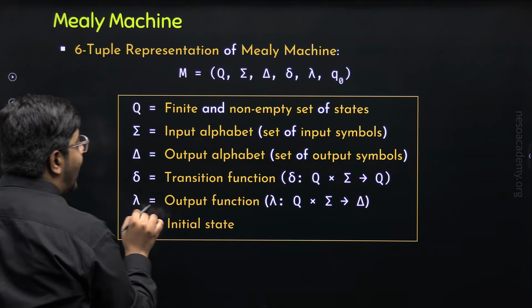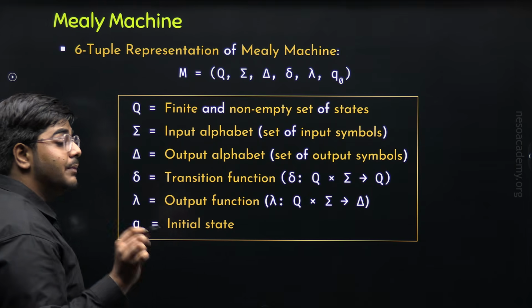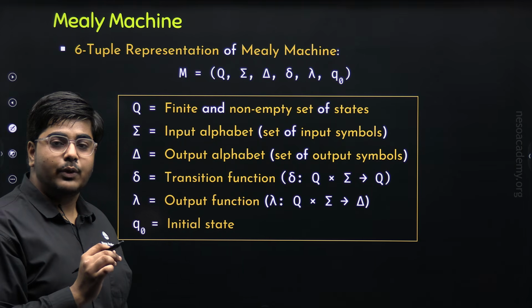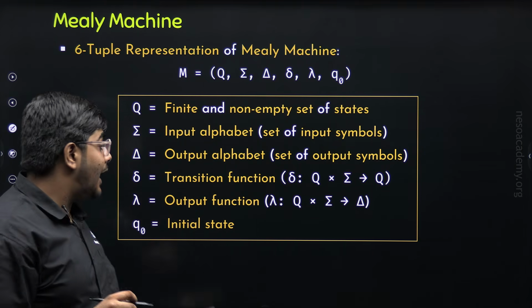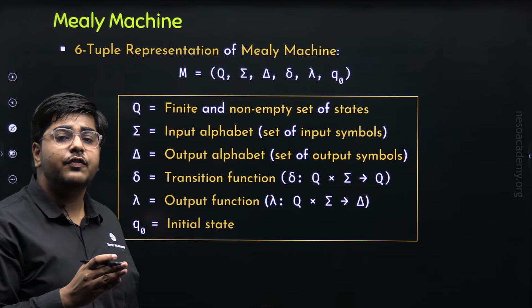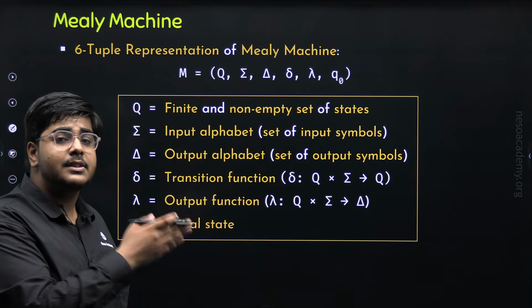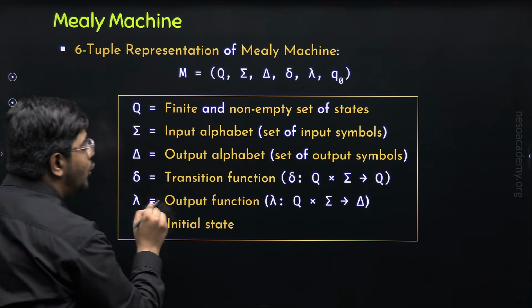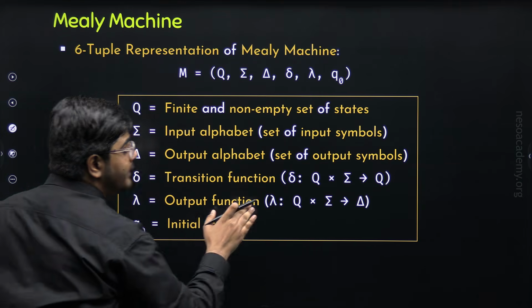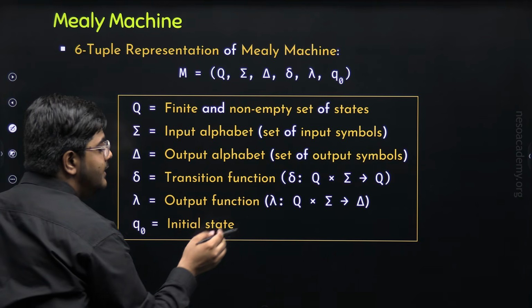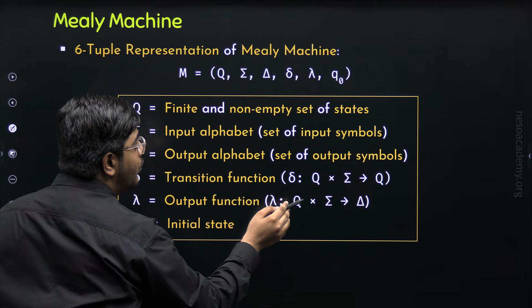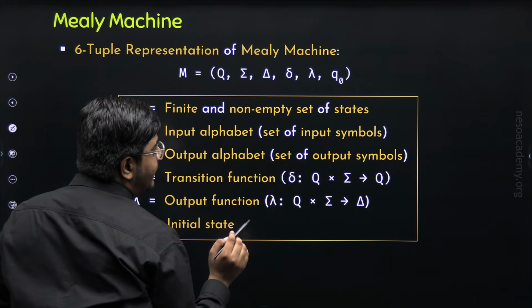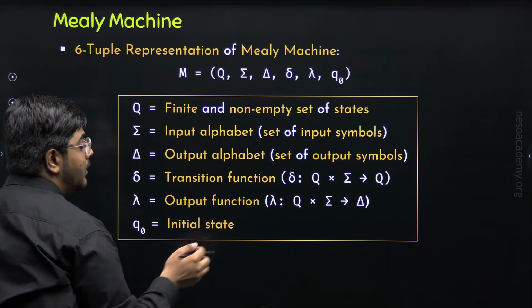Now lambda is the output function, and in the previous lecture, I have explained you that lambda or the output function is different for both Mealy machines and Moore machines. So in case of Mealy machine, output function is represented using this particular equation, that is, lambda: Q cross sigma gives us delta. What does that mean?